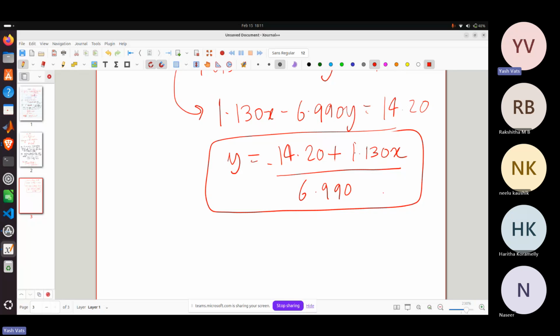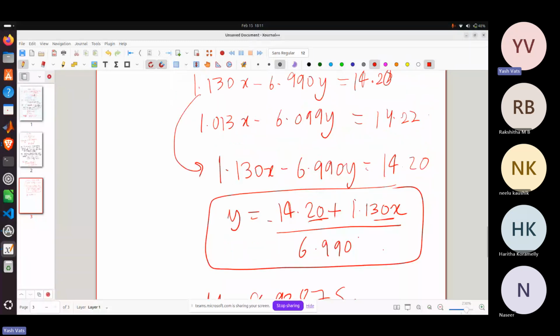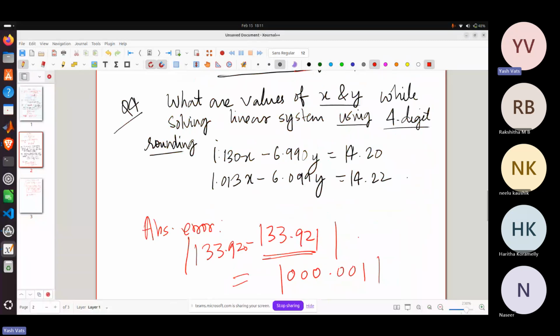The key thing is, don't change these values over here, just change that in your final answer. If you solve that, you may end up getting the value to be something like 8.93875. Then the question says to round it using 4-digit rounding.